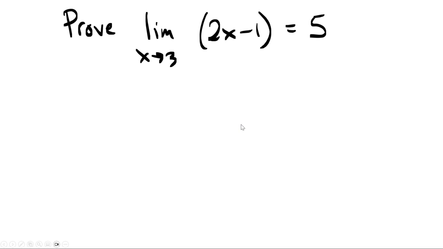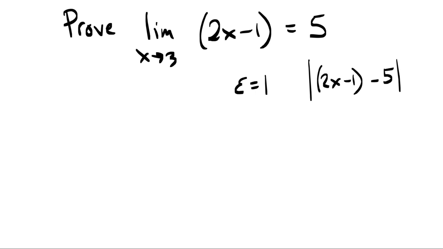So let's go for it here. So I'm picking the epsilon again, right? Of course, I'm going to pick the easy one. So let's go with it. Epsilon is equal to 1. So you pick the delta that will make that true. But let's go on with this little space right here. So 2x minus 1 minus 5 has to be less than 1.